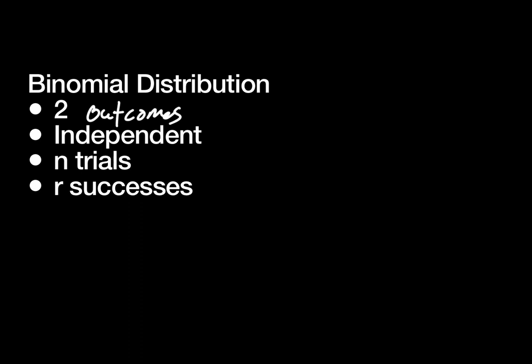Like we did with the cards, every shuffle, we put the card back in, which made every event independent. And when they're independent, the probability of success stays constant. We're going to have n number of trials, and we're going to find r number of successes. You can look up a binomial distribution anywhere, and it's going to give you these 4 conditions.